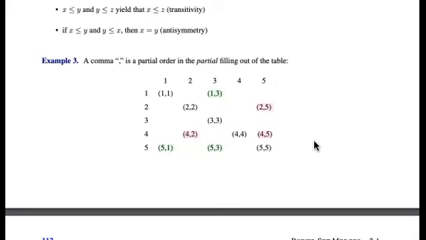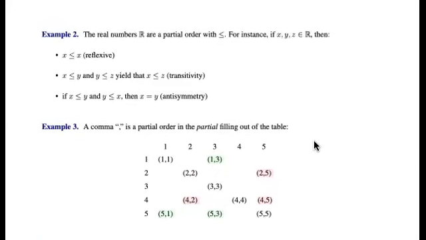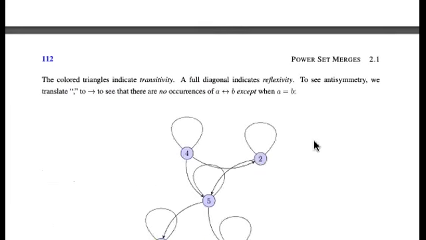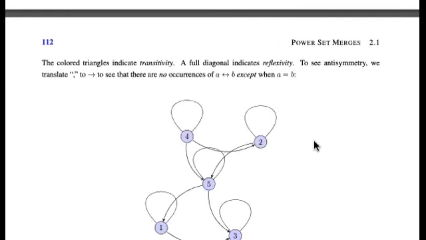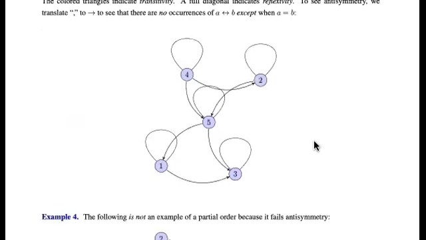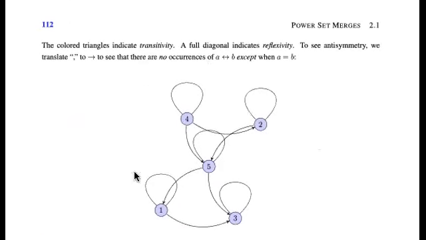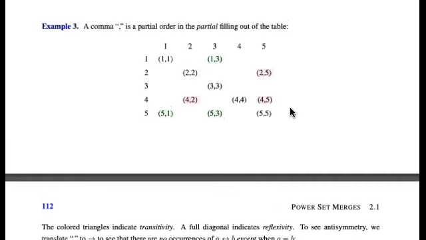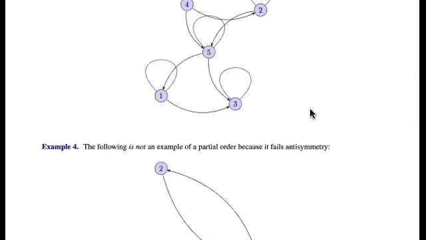This is a different one, but it obeys the properties of partial ordering. We just made it up, but it obeyed the properties, so it can be termed a partial order. I think this is just a picture of what I was just talking about with that table, so you can take a look at that.